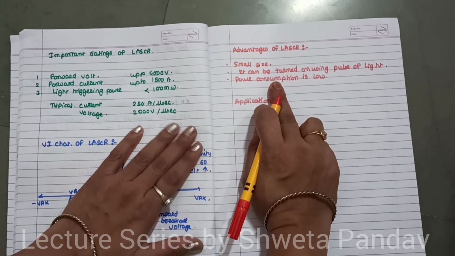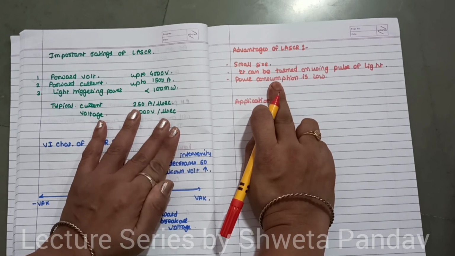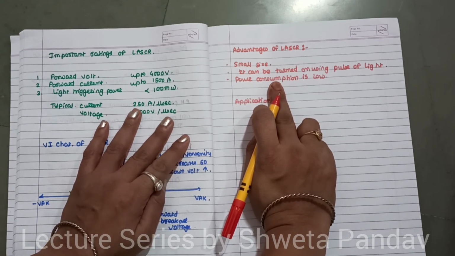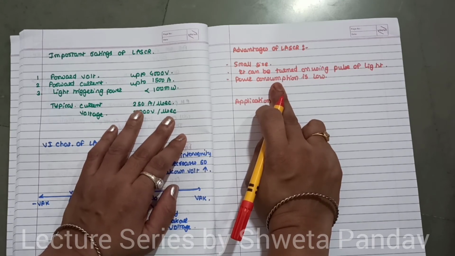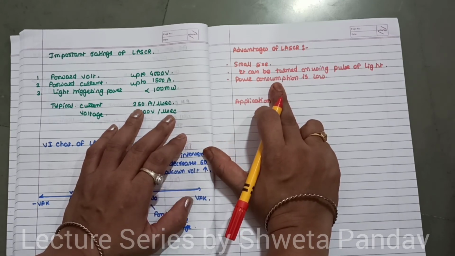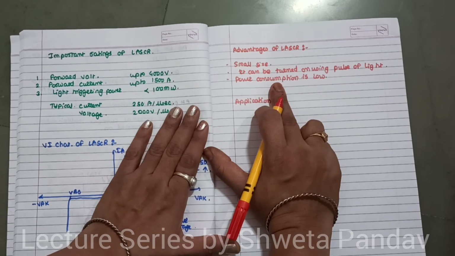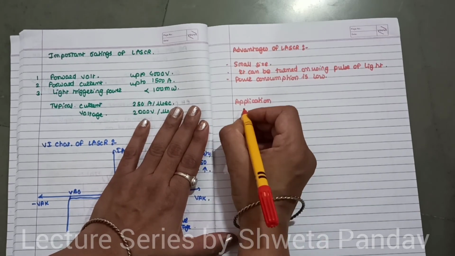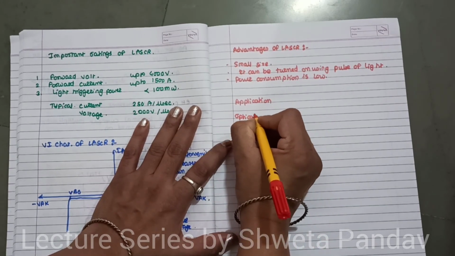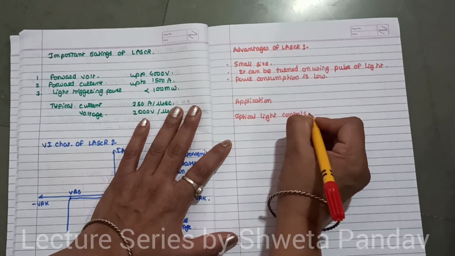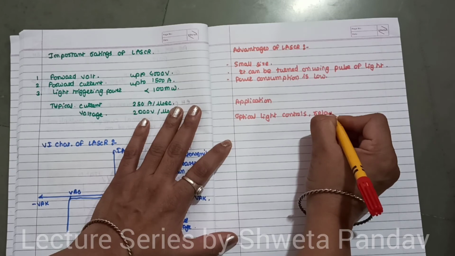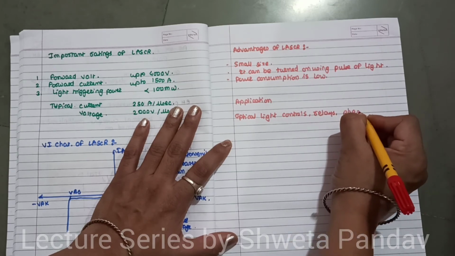Now let us see the applications of LASCR. Wherever we are using light intensity, we are going to use the LASCR. Some of the applications include optical light controls, relays, phase control.